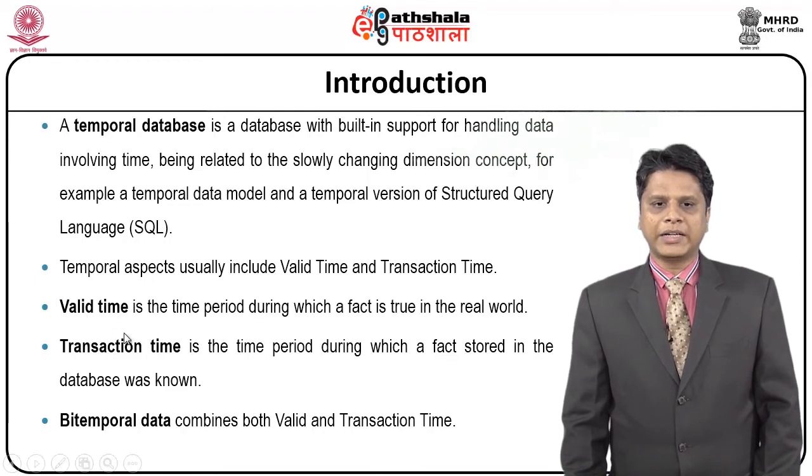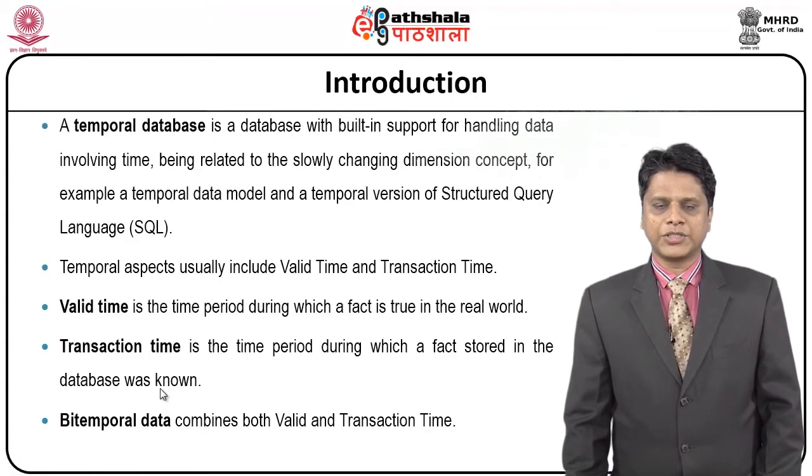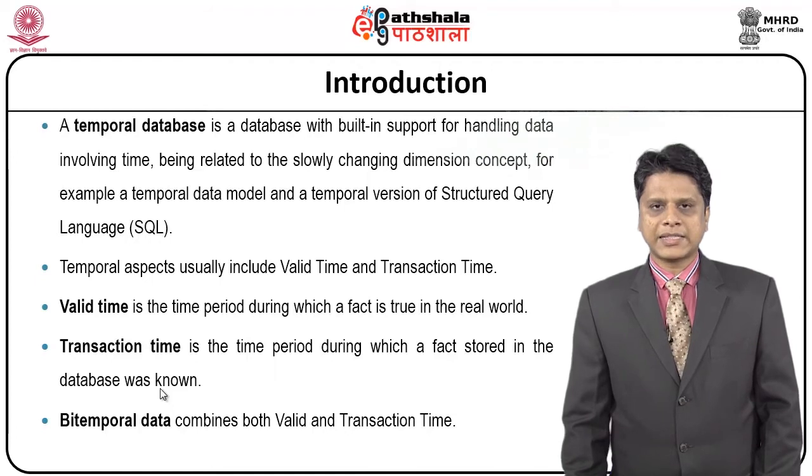I repeat, valid time is a time period during which a fact is true in the real world, whereas transaction time is a time period during which a fact is stored in the database and was known. So although we understand that the child was born on 17/2/2017, the transaction actually happened on 18/2/2017.